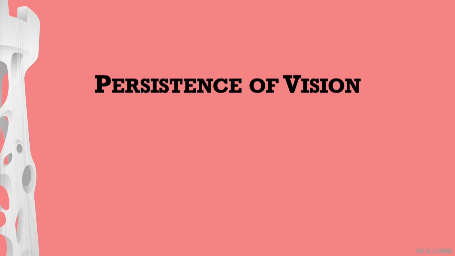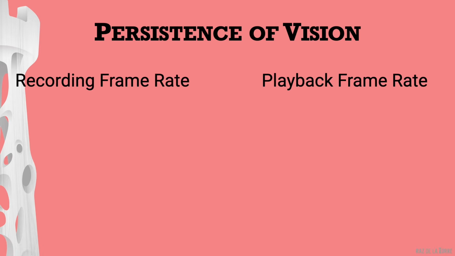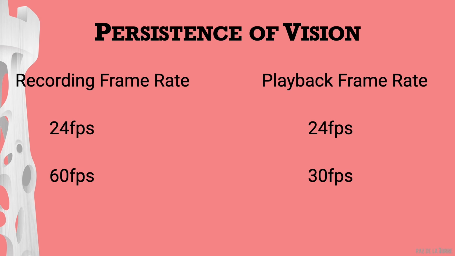But this illusion only works when the recording frame rate matches the playback frame rate. If you shoot at 24 frames per second and play back at 24 frames per second, motion looks natural. If you shoot at a higher frame rate, say 60 frames per second, but play it back at 24 or 30 frames per second, what do you think happens?